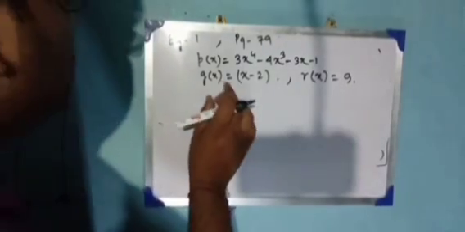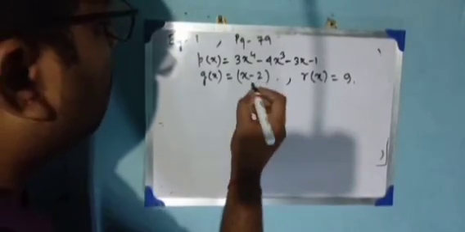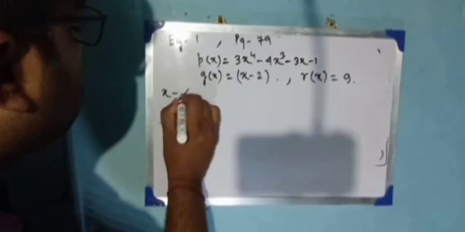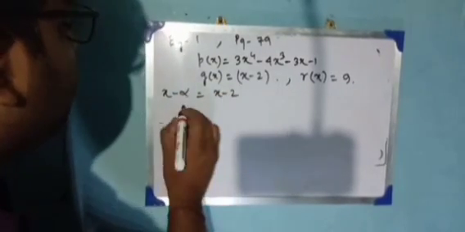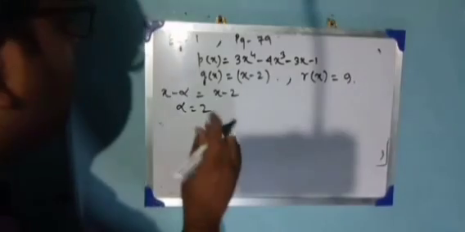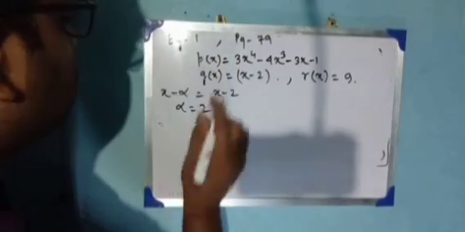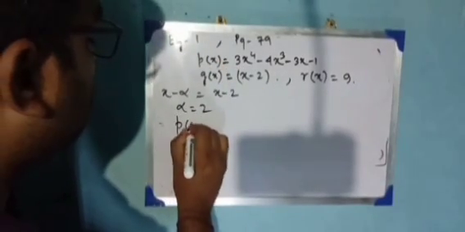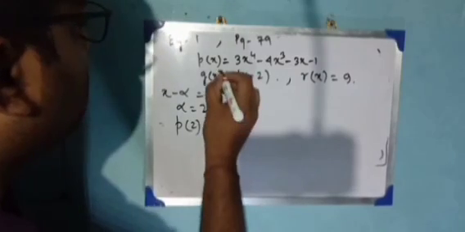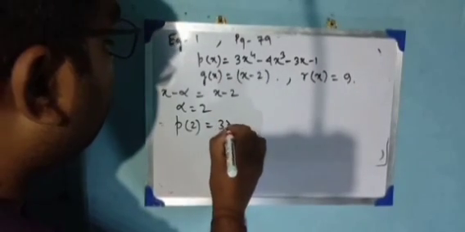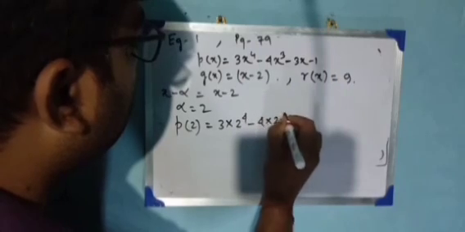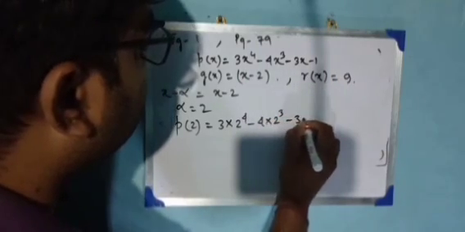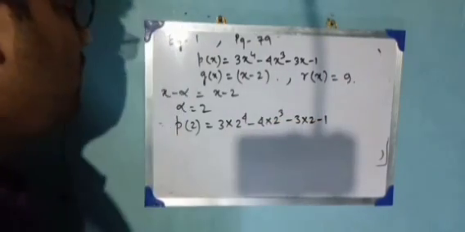Here x minus alpha equals x minus 2, so alpha is 2. Now we have to find the value of P(2), which means 3 into 2 to the power 4 minus 4 into 2 cube minus 3 into 2 minus 1.